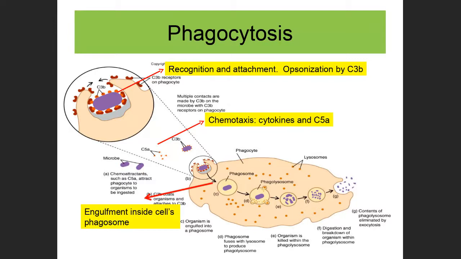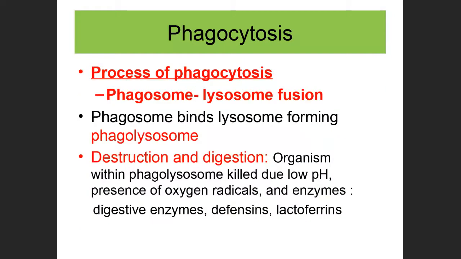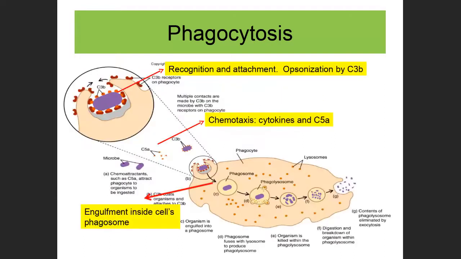So another role of C3b is in opsonization, another role of C5a is in chemotaxis, and C3a is in making blood vessels permeable and enhancing inflammation. So that is opsonization.